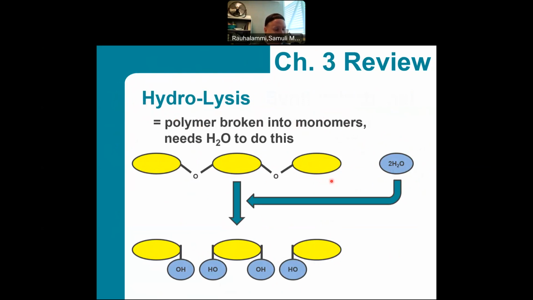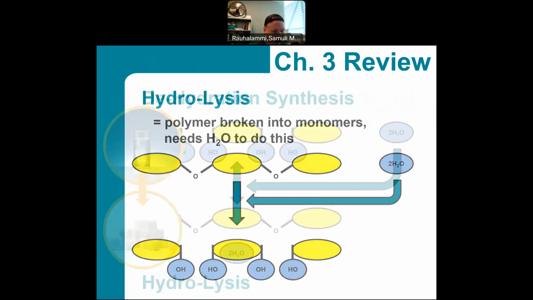So in hydrolysis, we take a large polymer and we break it apart into individual monomers with the help of water. So the reactants in this reaction would be the polymer and water, and the product would be monomers. So this kind of reaction is known as hydrolysis.